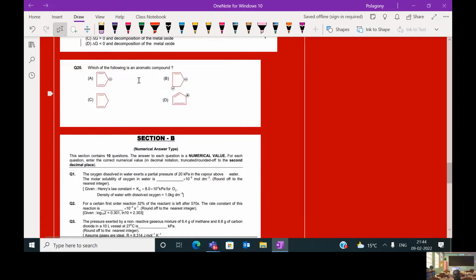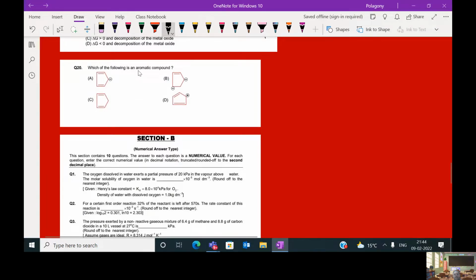Now let us look at the 20th question: which of the following is an aromatic compound? In the earlier class also we were discussing aromaticity. For aromaticity, the conditions I was telling are: the molecule must be planar; number two, it should undergo sp2 hybridization and have complete delocalization of electrons; the fourth one is the 4n+2 pi electron rule.